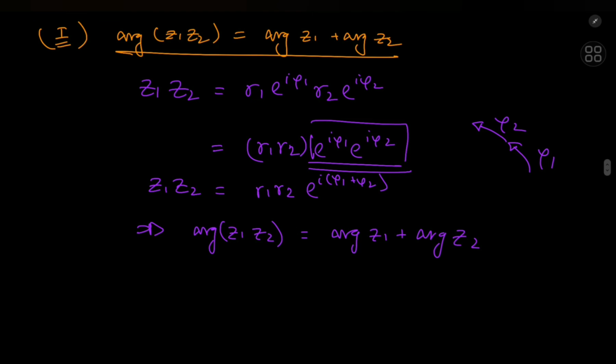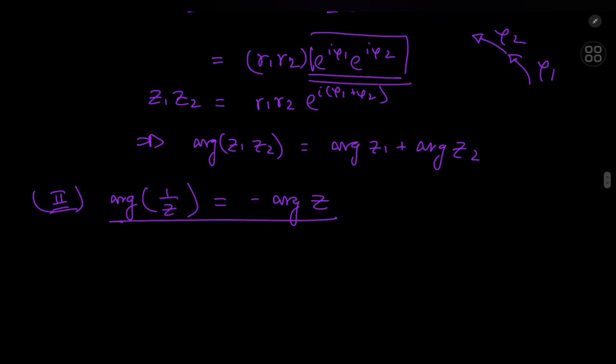Another property is the argument of the inverse of z. This equals the negative of the argument of z. And to see this, all we have to do is take 1 by z in the polar form, so that would be 1 by r times e to the i phi. And what exactly is the reciprocal of e to the i phi?